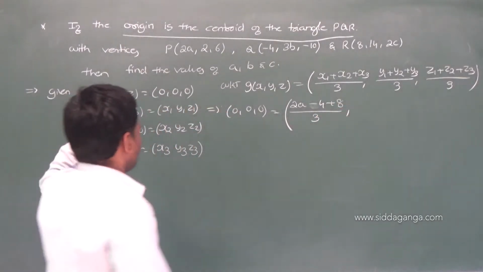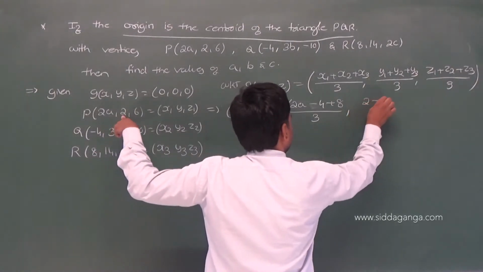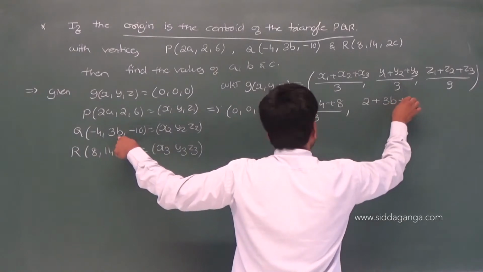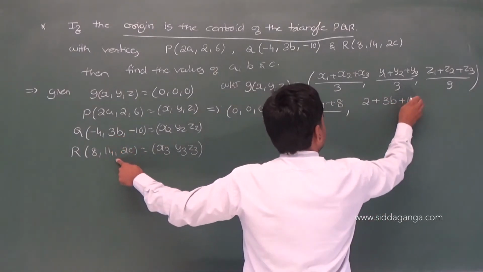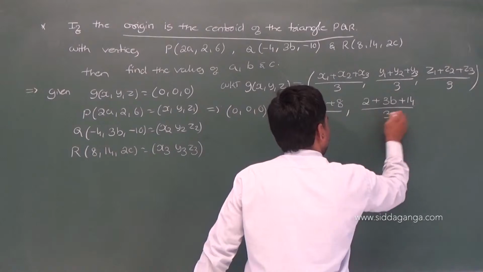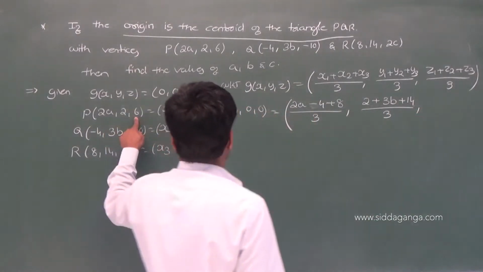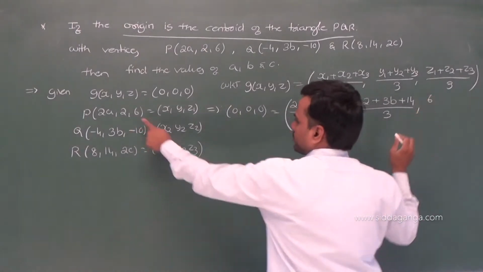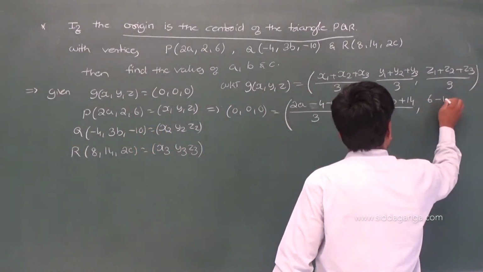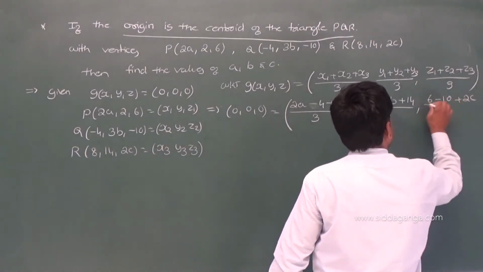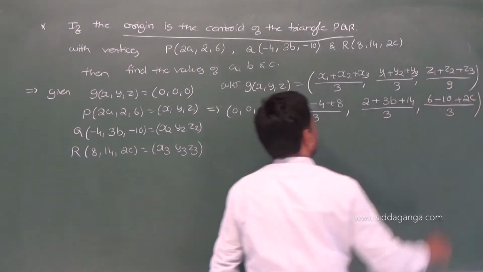Y coordinate: 2 plus y2 3b plus 14 divided by 3. Y coordinate is over, correct? Z coordinate: 6 plus minus 10 plus 2c divided by 3. We substitute all the values.